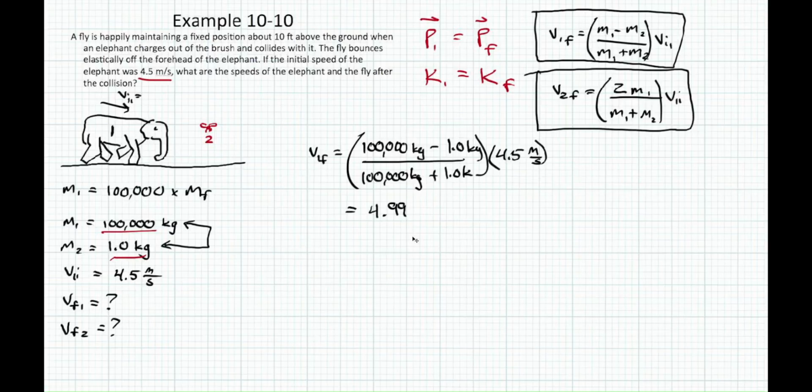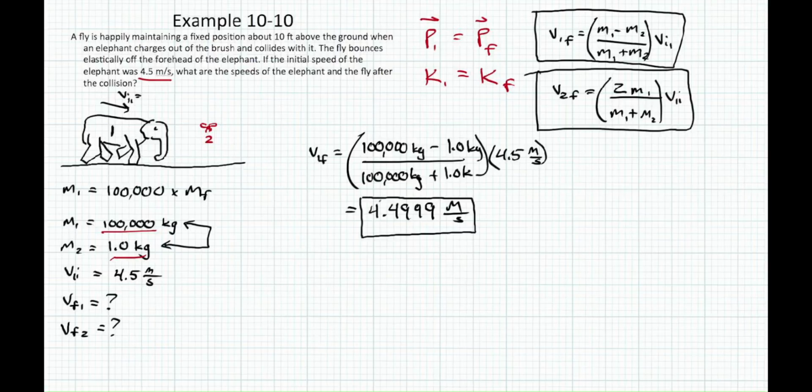That's 4 digits, not 4 nines. Now, those are too many digits to be significant, but I brought it all the way out to show you that it's actually not 4.5. In some small way, the fly does slow down the elephant. In some very, very small way.